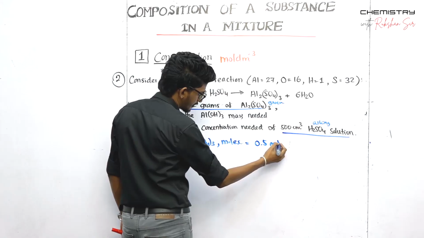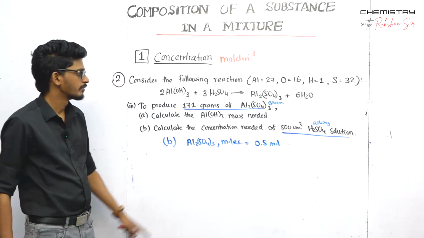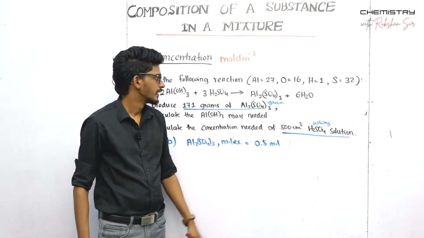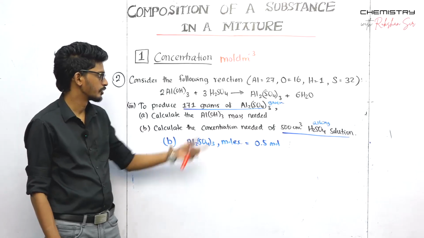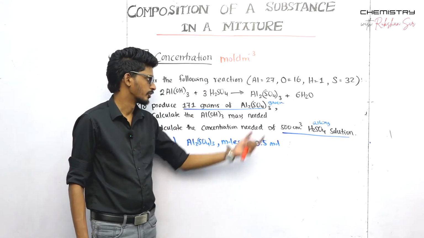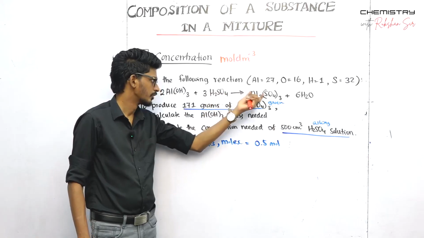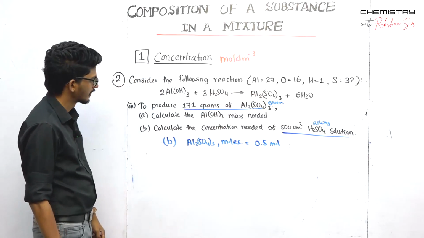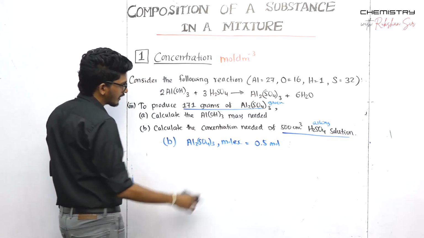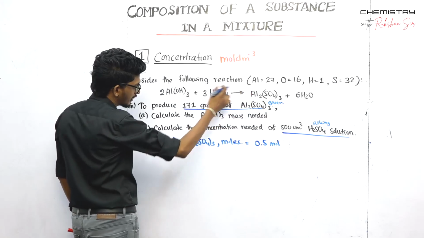So that can now be converted to the H2SO4 moles. Then that should be converted to the moles of H2SO4, which can be done with the use of the 1 to 3 ratio.